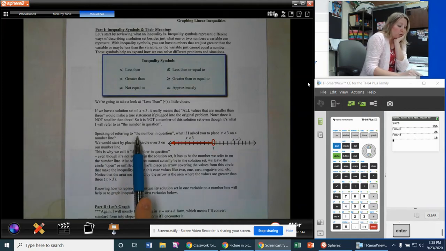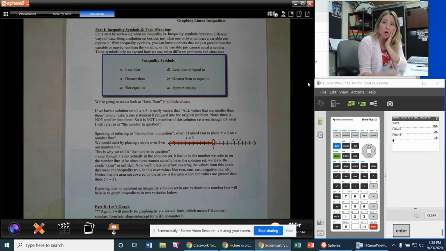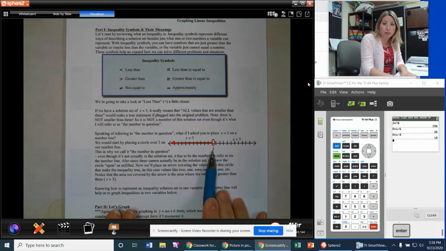Speaking of referring to the number in question, every time I'm talking about a solution set with an inequality, I'm talking about how your variable compares to some number. I always call that the number in question. In this case, the number in question is 3. I just picked a random whole number.